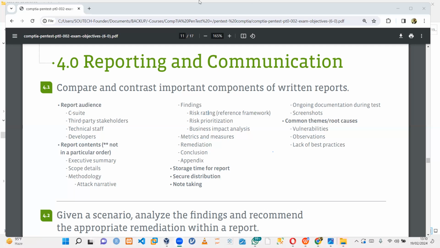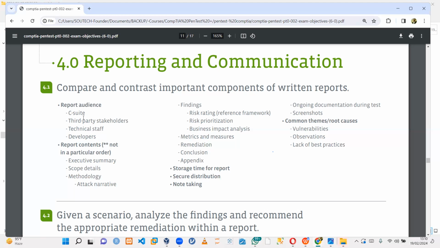So here we want to first compare and contrast important components of written reports. Now, in vulnerability assessment and penetration testing, what we call VAPT, you don't rely on verbal communication. Most things have to be documented.